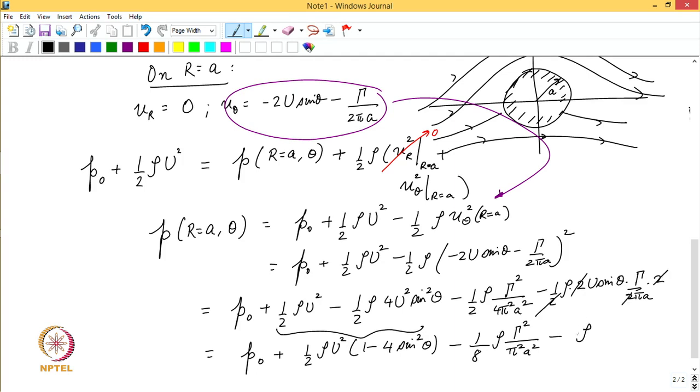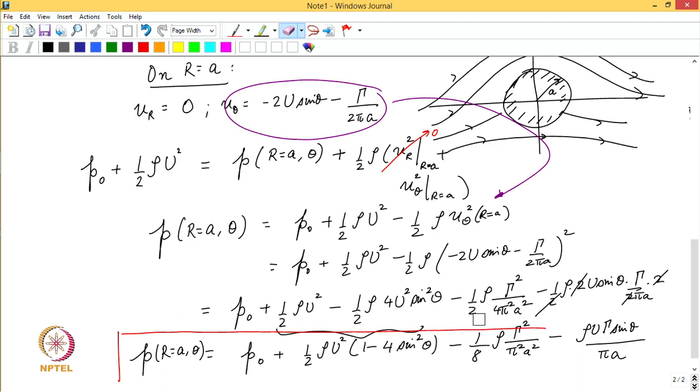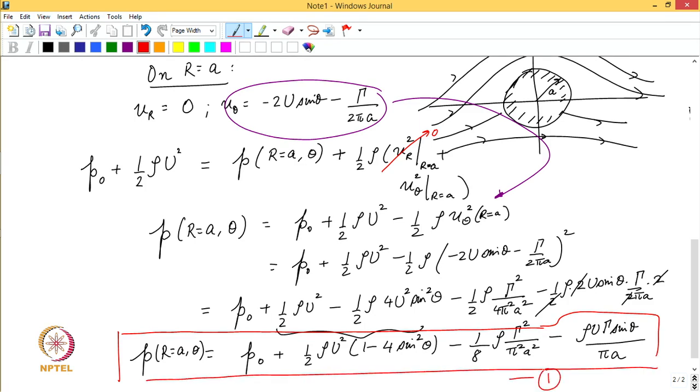So, we will have rho u gamma sin theta by pi a. This is P r a comma theta, and this is an important result that we would need. Say this is equation 1 for now.